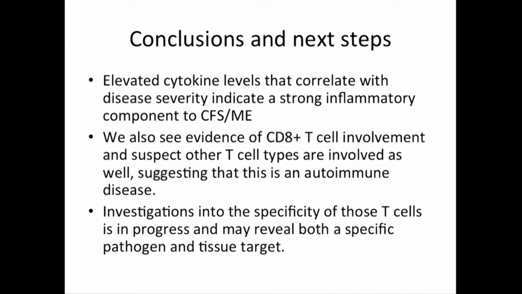We see evidence of really major activity in terms of inflammatory cytokines in the blood, very reproducibly, of chronic fatigue patients, with a correlation with disease severity, so we know something's stirring up the innate immune system. It could be a pathogen, it could be some sort of auto-inflammatory thing, which is not that well understood. But it also could be part of a whole immune response that involves T cells as well as the innate immune system.